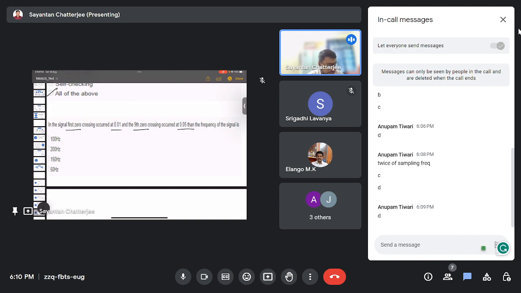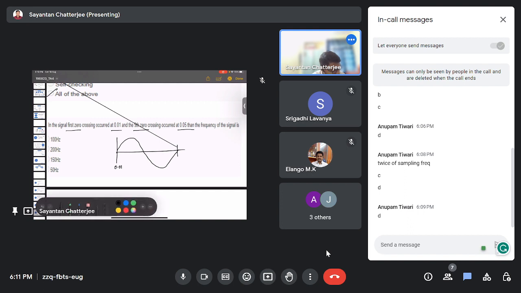Then the frequency of the signal is... For the signal, the first zero crossing is given at 0.01, the ninth zero crossing is 0.05.